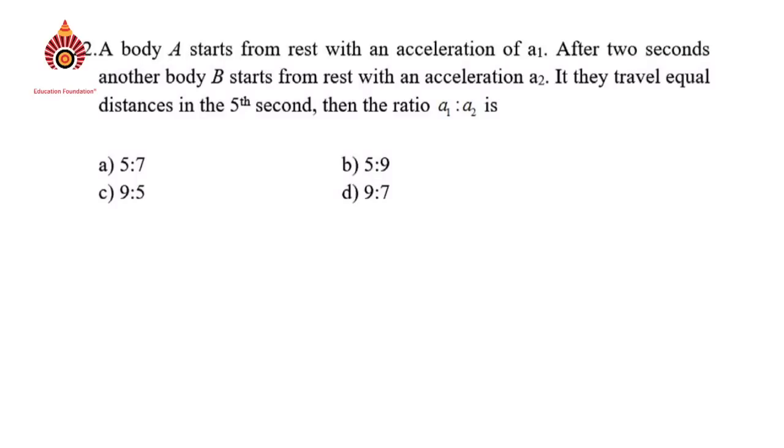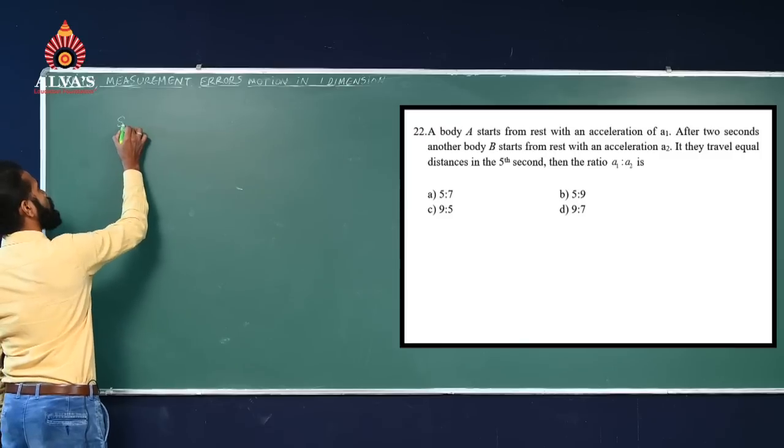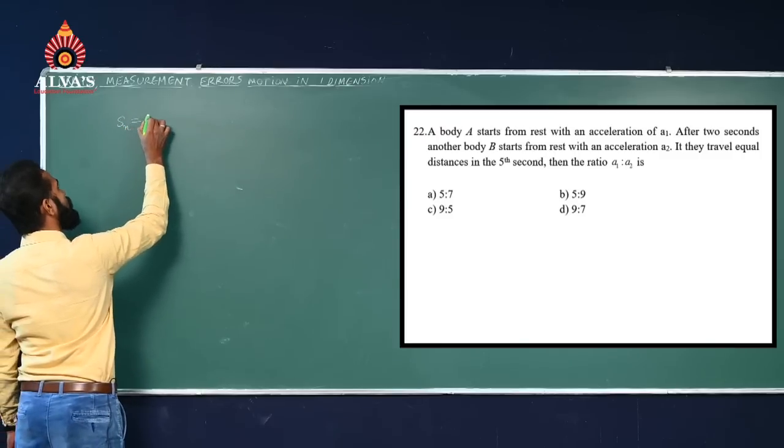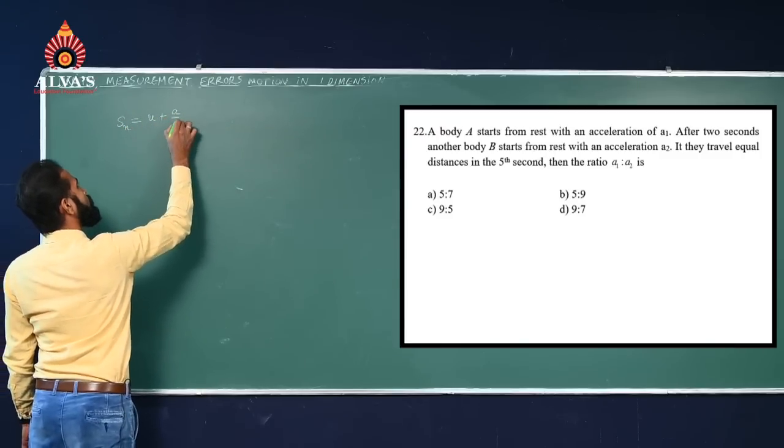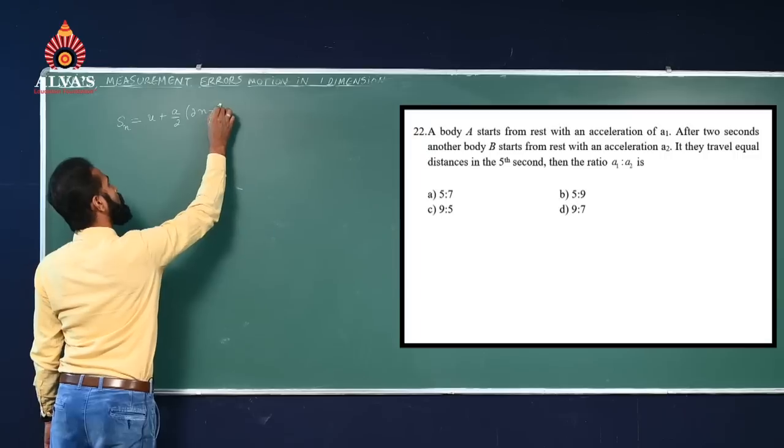Next question. A body A starts from rest with an acceleration of A1. After 2 seconds, another body B starts from rest with an acceleration of A2. They travel equal distance in the 5th second. Then the ratio of A1, A2 is. Let us use the formula. Distance traveled in the nth second is U plus A by 2 into 2n minus 1.